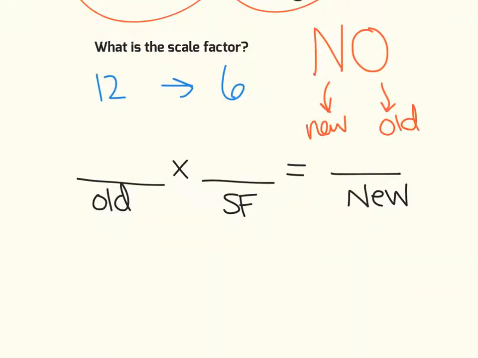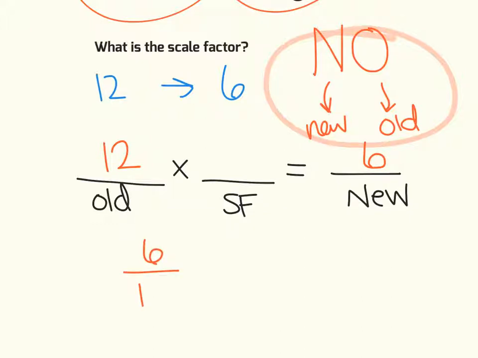I like to use this equation where old times the scale factor equals the new. So we know that 12 is the old, we know that 6 is the new. Now, in order to find the scale factor, this whole NO concept says new to old. So new to old: 6 divided by 12 is 1/2. The scale factor is 1/2.